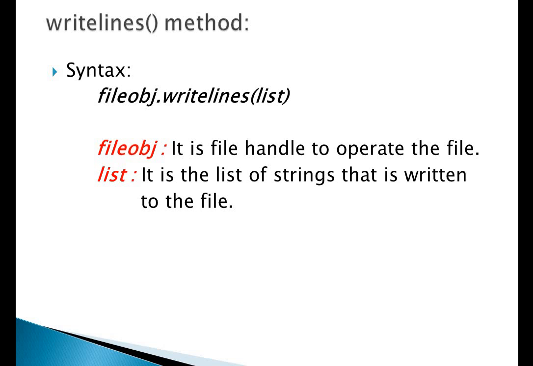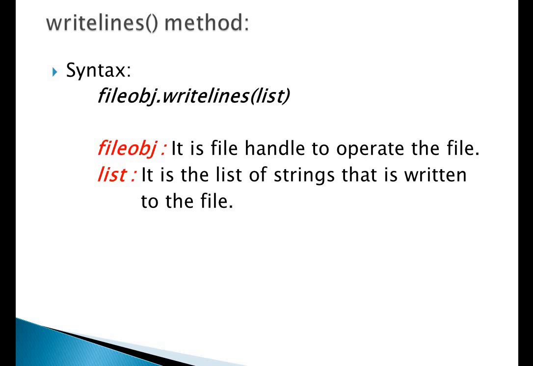File object is the handle to operate the file. In the last video, we have seen that while operating the television set, we use the remote. So using the remote, we handle the television set.